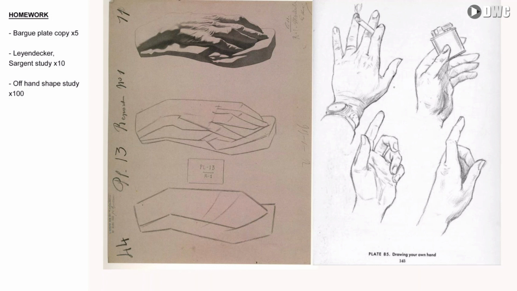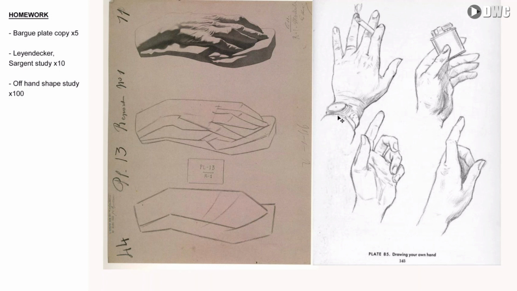Obviously, Leyendecker or Sargent, he's great as well, as we saw. Excellent hands to study. Just do the outer shape study. Maybe take it to this level here, like in the middle. Or as you saw me do, add touches of tone to suggest form. And then finally do an offhand study. So your left hand, if you're right-handed, and vice versa.